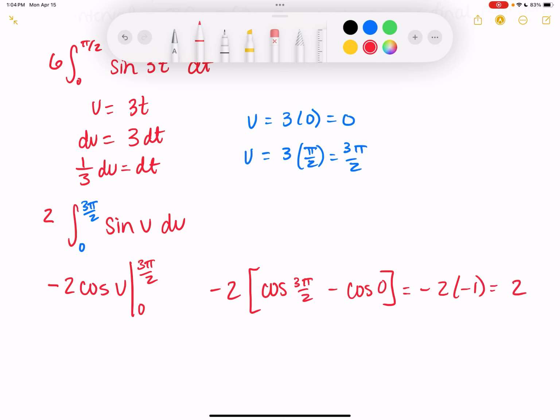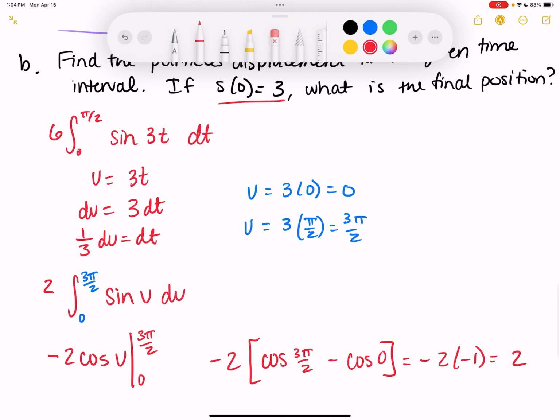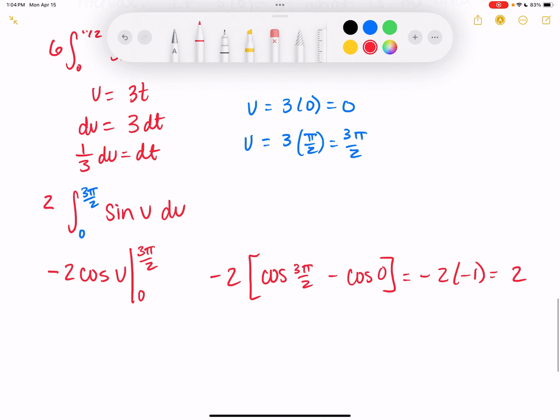Now, that's not my total displacement, though, because the initial position was at 3. So, new position is equal to initial position, which was given to me, plus displacement, which is what I just found.